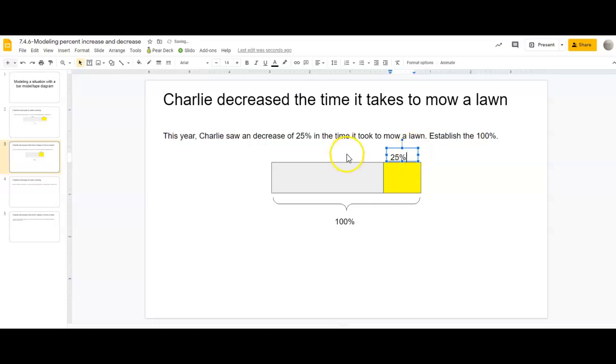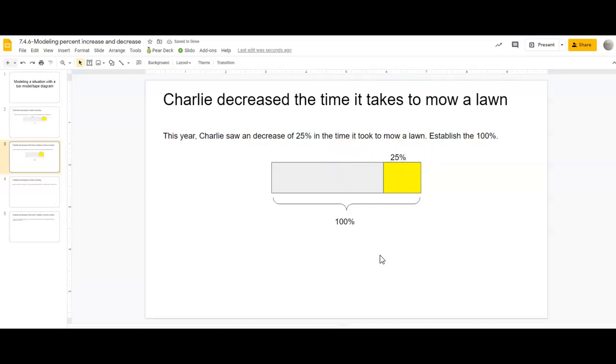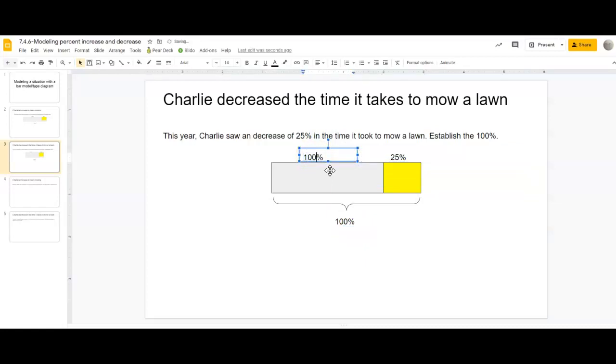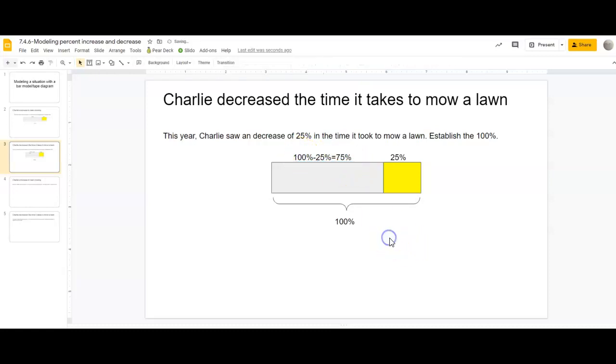Which means that this right here is actually 100% minus 25%, or 75%. So this part represents 75%. This is 25%. Combined together, it's 100%.